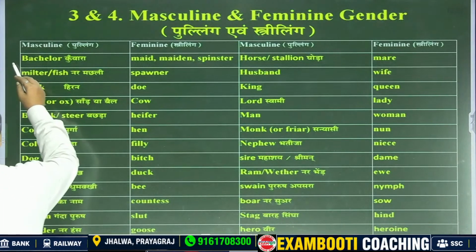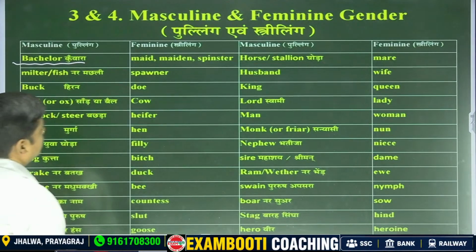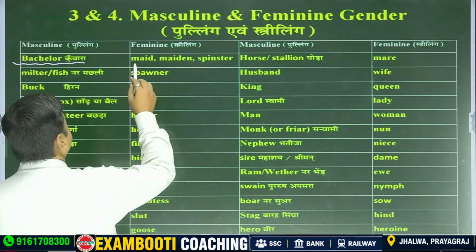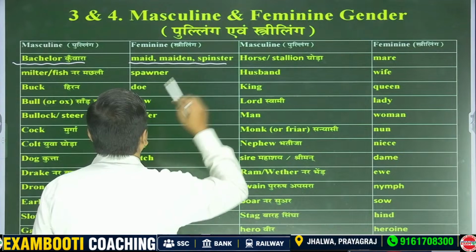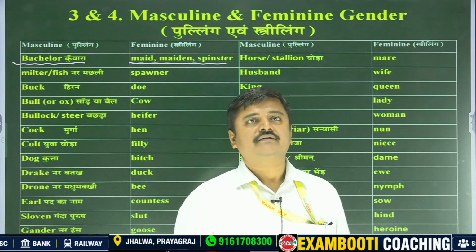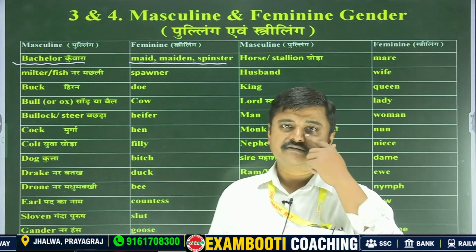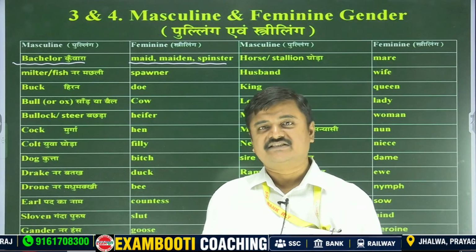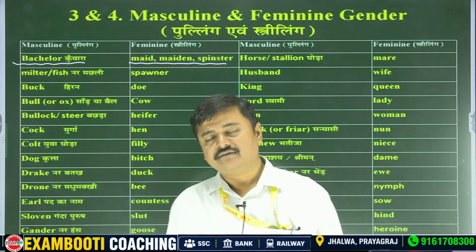The first word is bachelor, and the feminine gender of bachelor is maid, maiden, or spinster. Most of the time the words used are maid or spinster, and maiden as well.